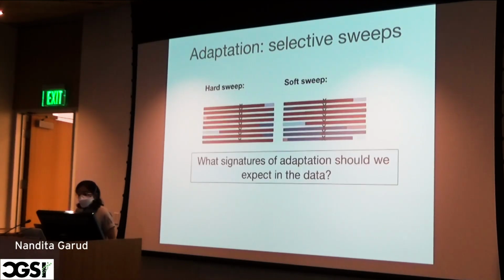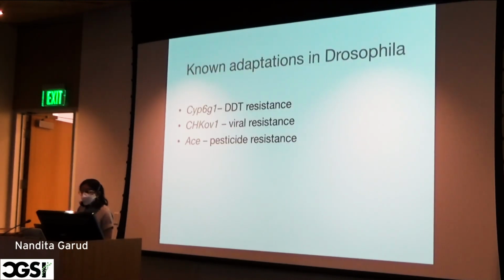So I've just explained to you what hard and soft sweeps are and when they're expected under scenarios of gradual versus rapid adaptation. And so now the question is, what signatures of adaptation should we expect from data? So let's take a look again at Drosophila, and we actually happen to have 3 very well-studied cases of adaptation at the loci CYP6G1, Chkov1, and ACE.